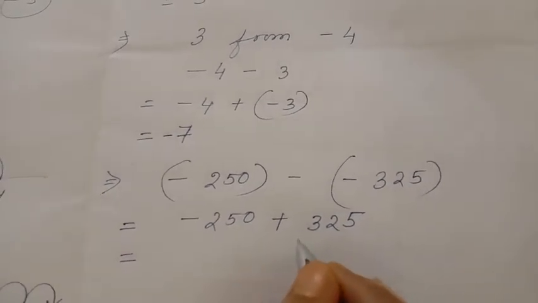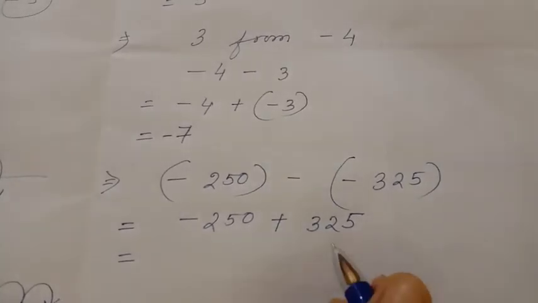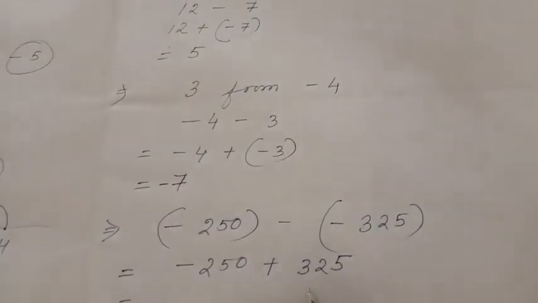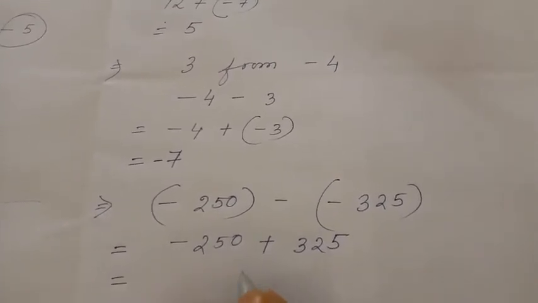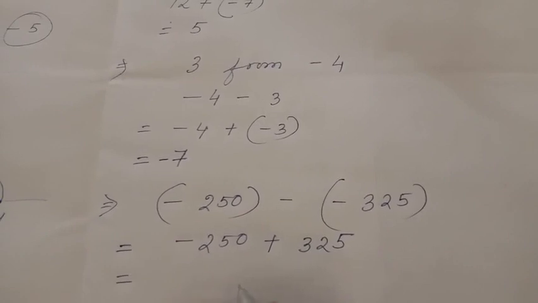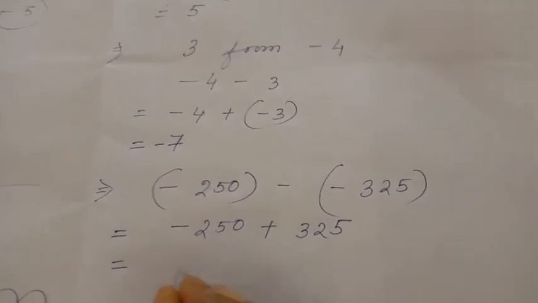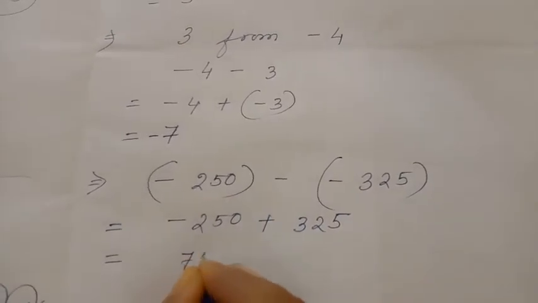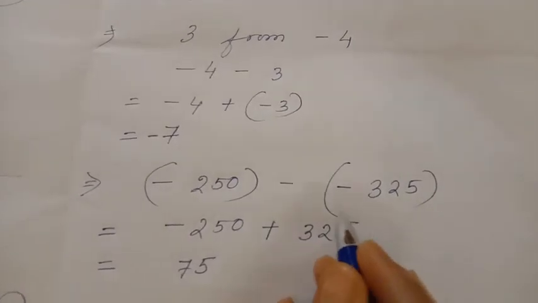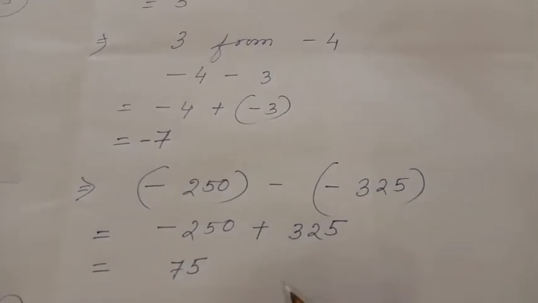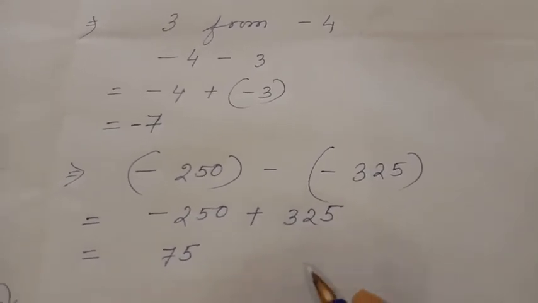So what rule we have to apply here to add one positive and one negative integer? Same like that. From the larger one you have to subtract the smaller one and put the sign of the larger one in front of the value. So by normal subtraction we are getting 75, and what will be the sign? Sign of the larger number, that is 325. So the sign will be positive.